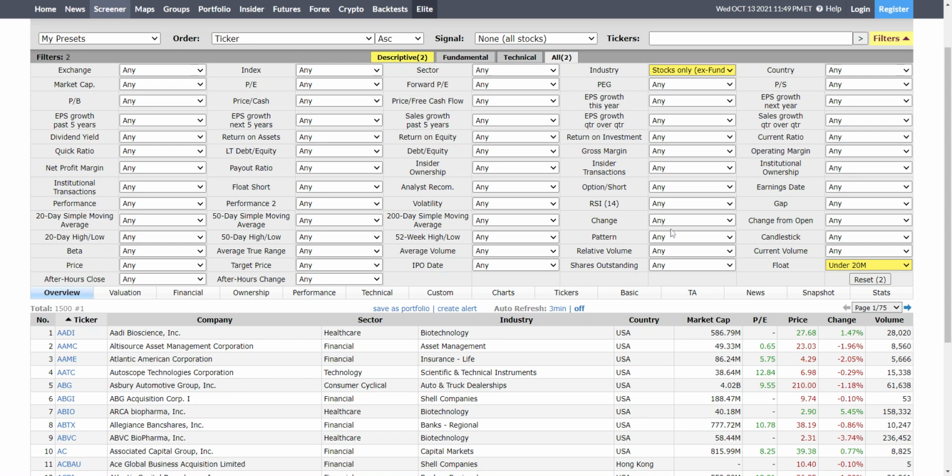Then we have the R vol, or the relative volume, right here. I know that a lot of people would say, "What do you mean by R vol?" Relative volume is basically an indicator that tells traders how the current trading volume compares to the past trading volume in a given period.